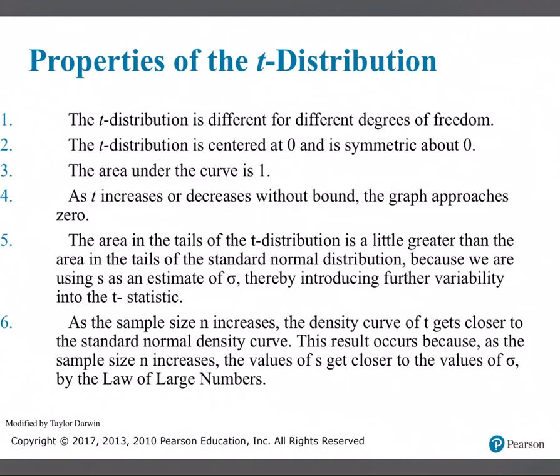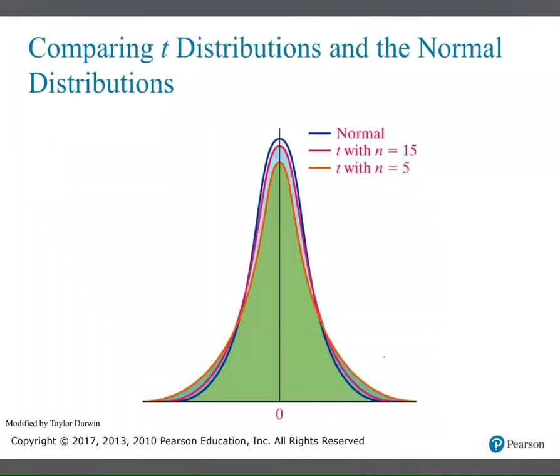And again, like anything else, as sample size increases, we get closer to the standard normal density curve. So the more sample size you get, the better idea you get of what the actual population is by law of large numbers. And here's a visual. Let's assume that this blue line is what the normal curve looks like.